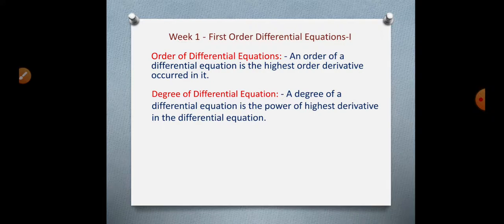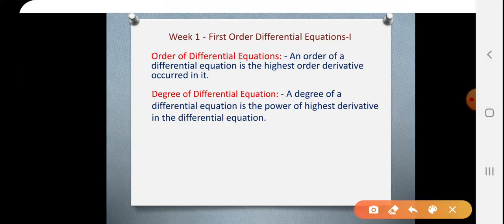The degree of a differential equation is the power of the highest derivative in the differential equation. The degree of a differential equation is the degree of the highest order derivative, or you may say the power of the highest order derivative.